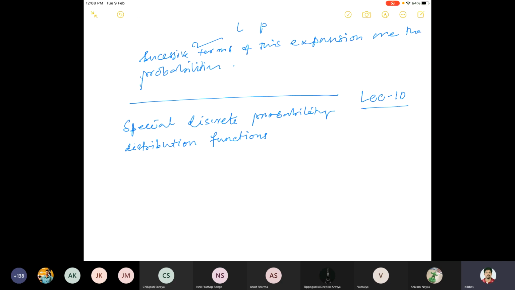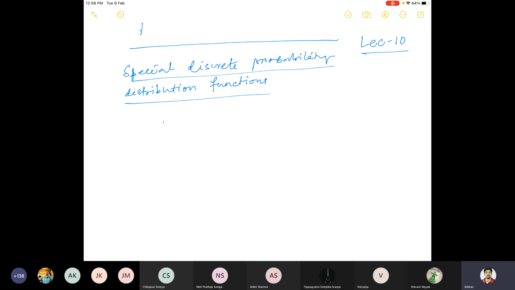One was the uniform distribution, which is very, very simple, which was like f(x) equal to 1 by... So whenever I'm writing f(x) here, this is the PDF. Okay, this is the probability distribution function, which is probability of X equal to small x.